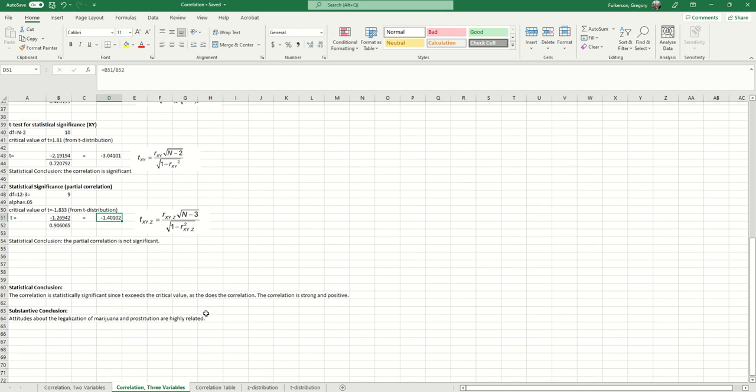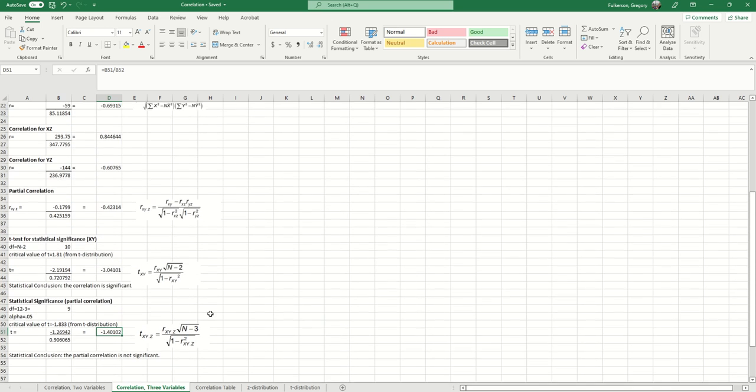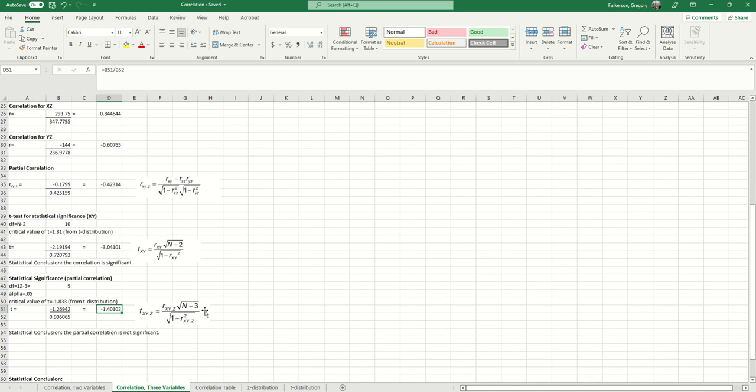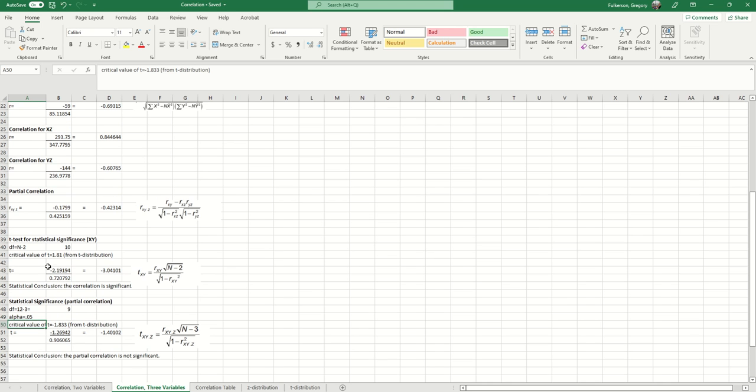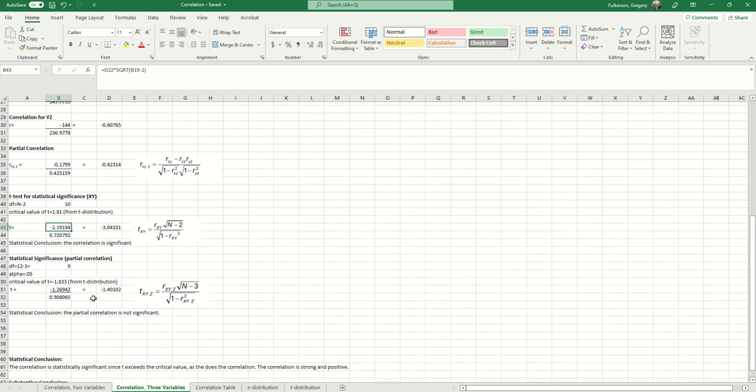Okay. So the critical value, you can see negative 1.8 is larger, so the correlation is no longer significant when we control for age, although originally when we didn't control for age, the correlation was significant.